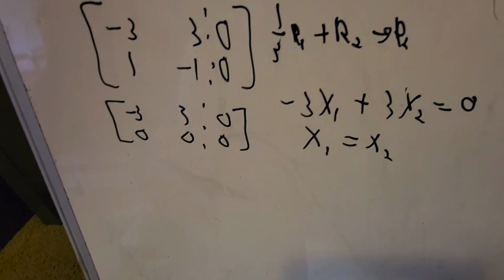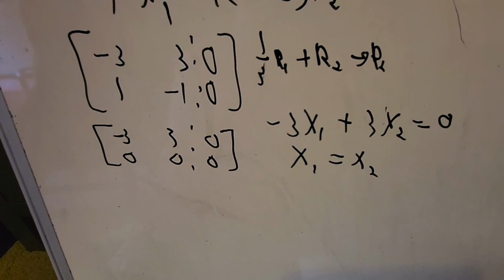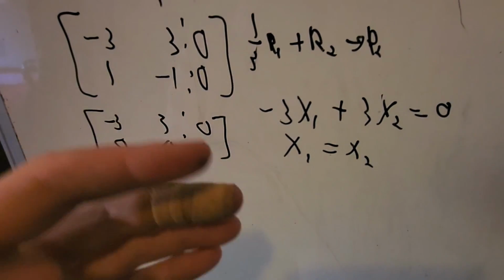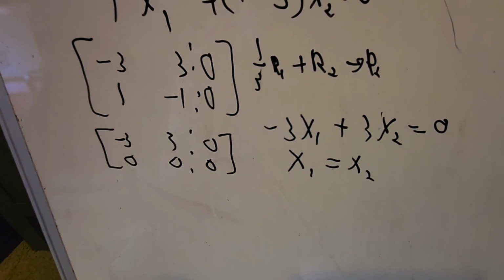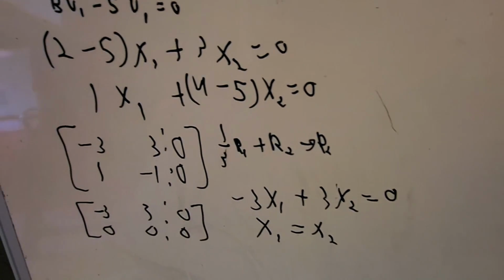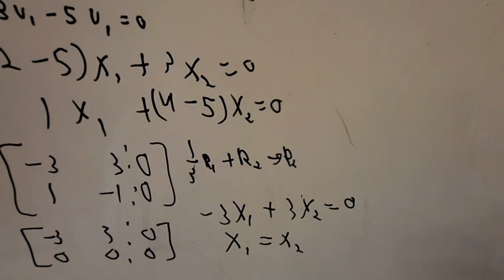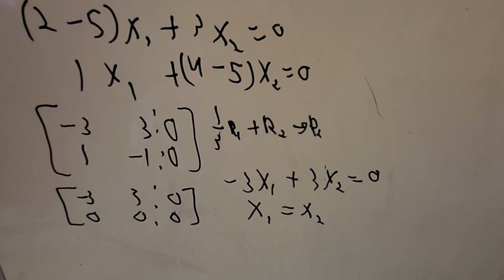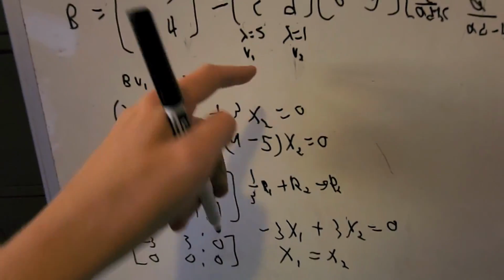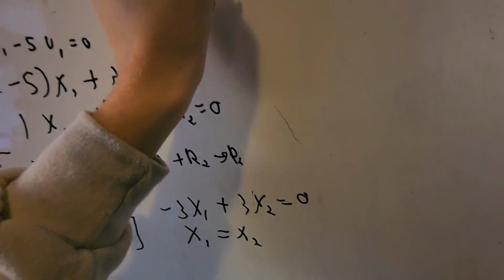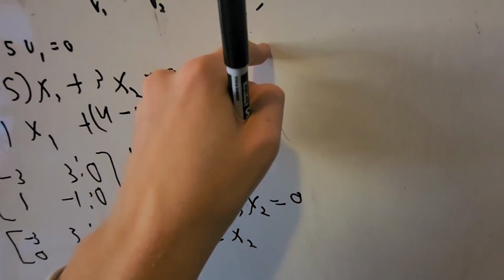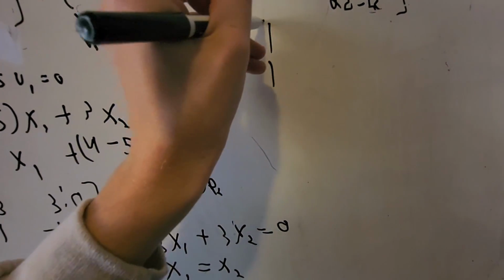Okay, x2 is a free variable, so we can choose anything, and let's not choose the 0 vector. And let's work smarter, not harder. The non-zero eigenvector for lambda equals 5, V1, is 1, 1.